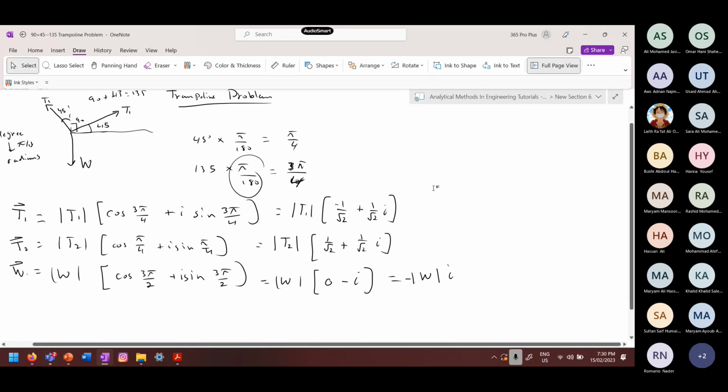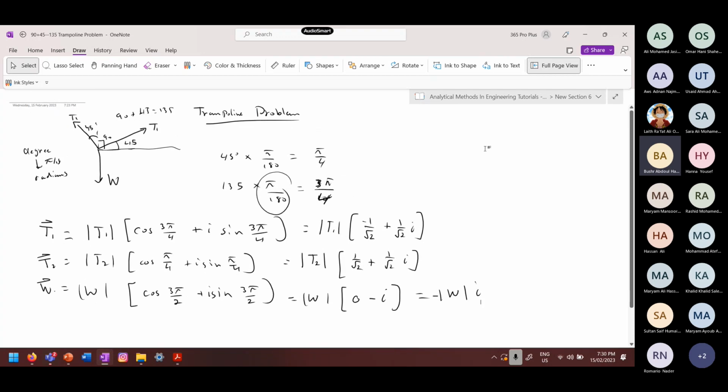Okay, this question has a new idea, applying your old skills and your new skills to solve similar problems. So let's say that T1, T2 and W are given, and in the question you were asked to find the total force.